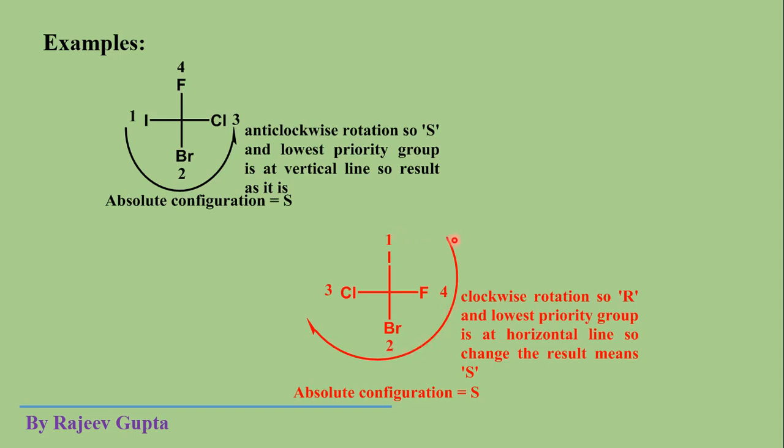So we move from 1 to 2 in this direction, and we get a clockwise arc, so the result should be R. But the fourth priority group is present on the horizontal line, so we will change the result, and the actual absolute configuration of this chiral center is capital S.